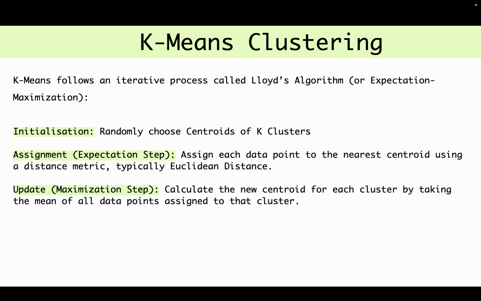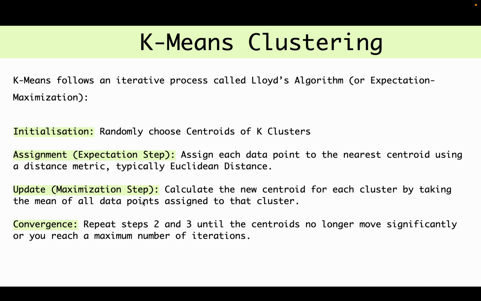Now the centroids get updated, and this process of assigning data points to the centroids and computing the new centroids goes on iteratively. We call the assignment step the expectation step and the updating of the centroids the maximization step, and we iterate this process until the centroids do not change or we reach the maximum number of iterations.